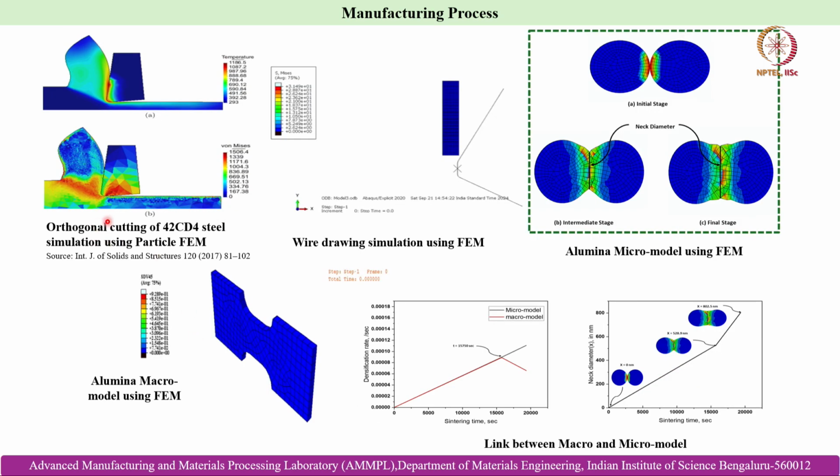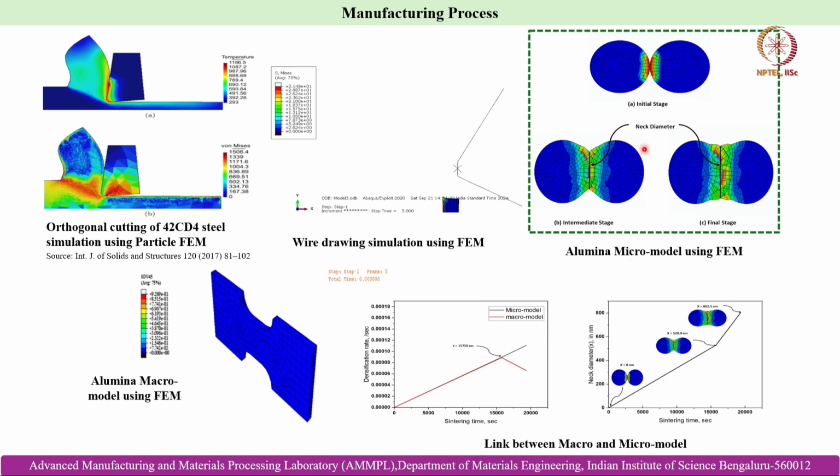In this slide you can see a typical example of orthogonal machining where you can see the chip formation. This is an example of the finite element modeling technique applied to simulate the machining process. And here you can see the example of wire drawing, where the finite element method has been employed to develop the model. This is an example of a micro scale model of 2-particle sintering in the solid state sintering process.